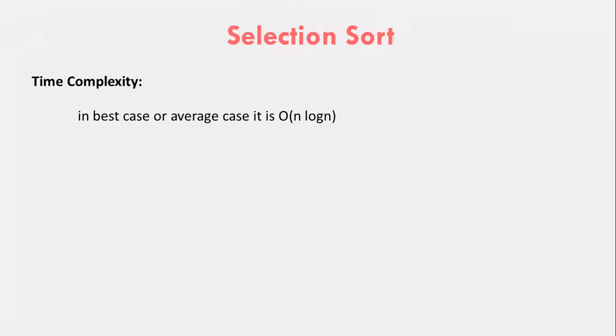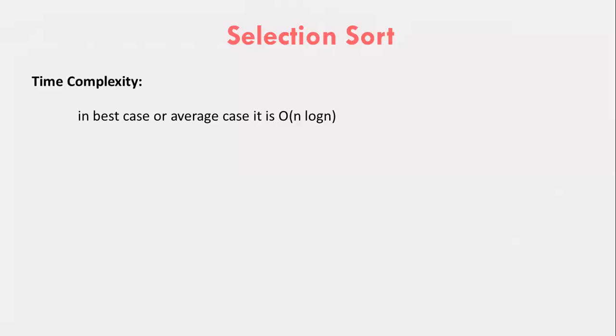Thus, the total number of comparisons for the entire sort will be n plus 2 into n/2 plus 4 into n/4 plus 8 into n/8 plus n into n/n, which is nothing but n plus n plus n plus n, and so on up to m terms.